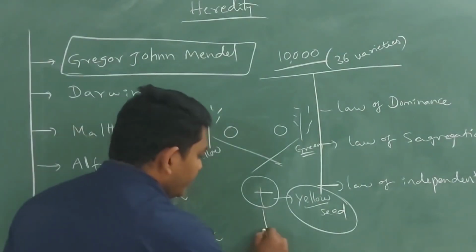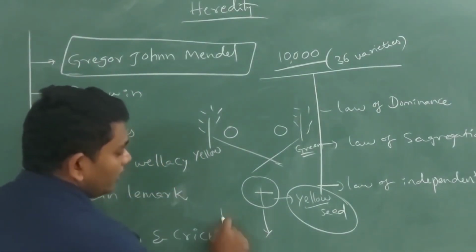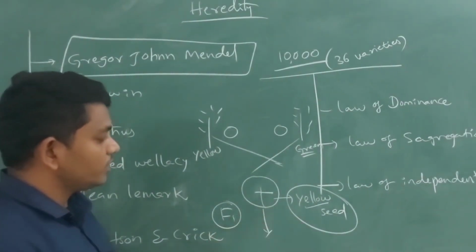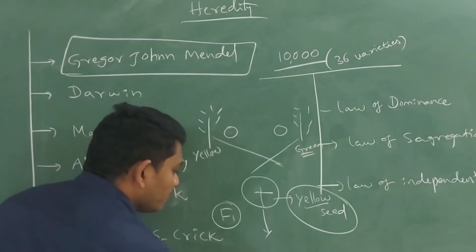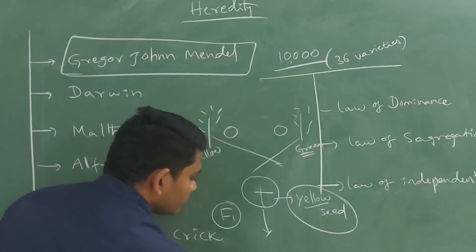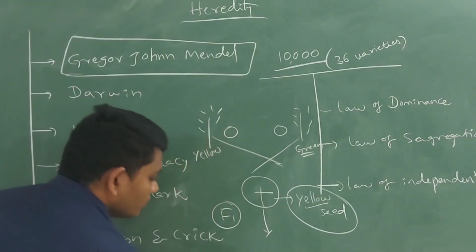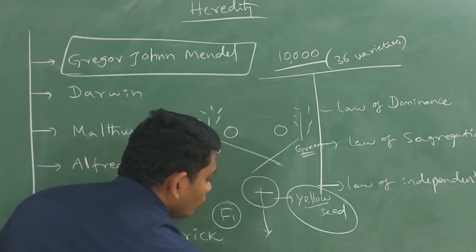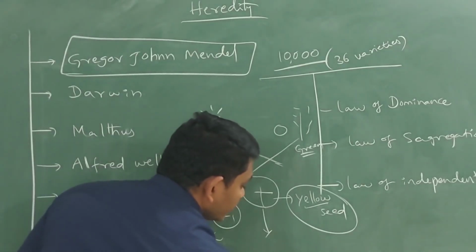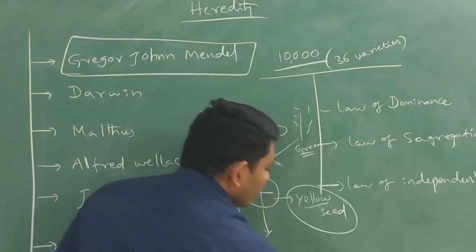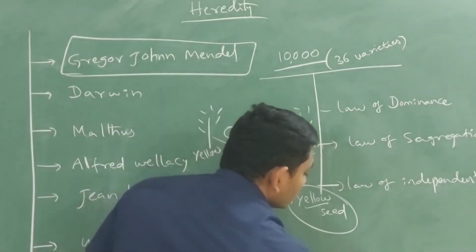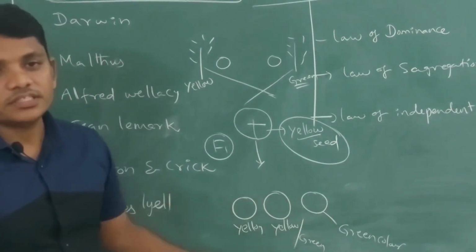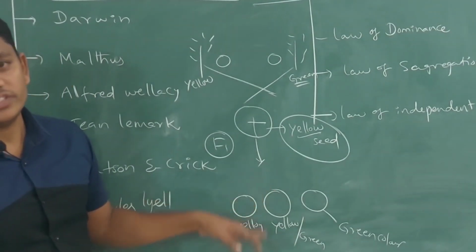When he did self pollination in the F1 generation, then yellow color and green color, these types of seeds will come in the F2 generation.